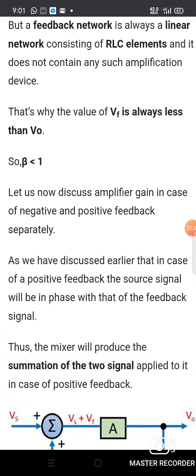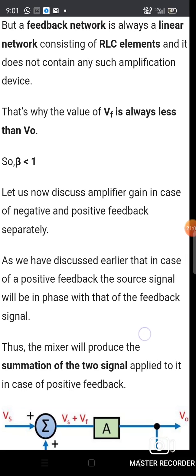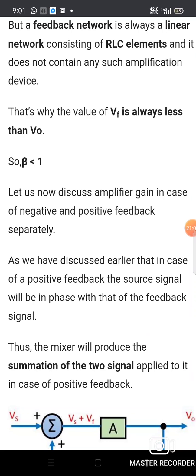And next, consider the type of feedback connection, that is, the positive feedback connection or negative feedback connection, right? Based on the type of feedback connection with the original input signal, we have to get the equation.